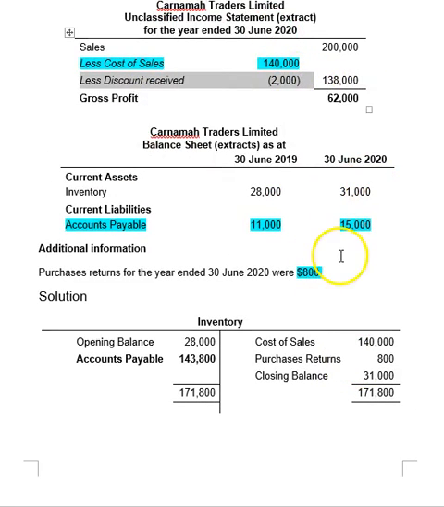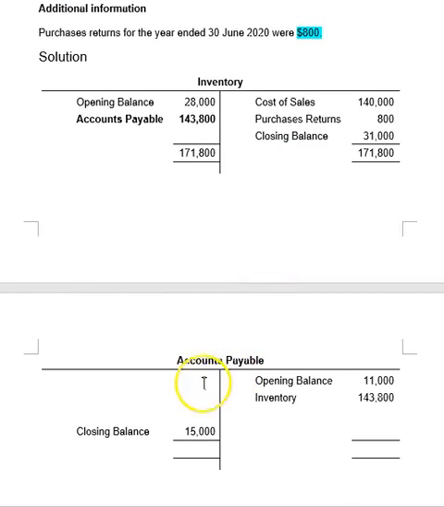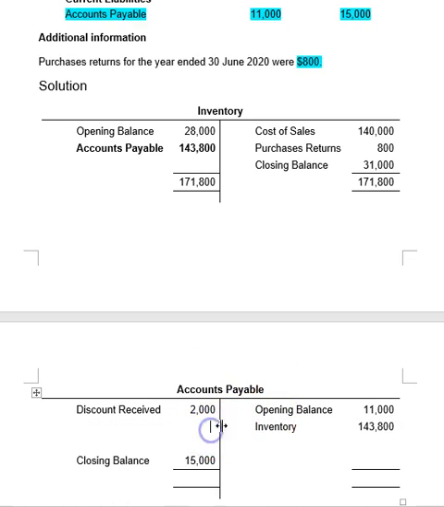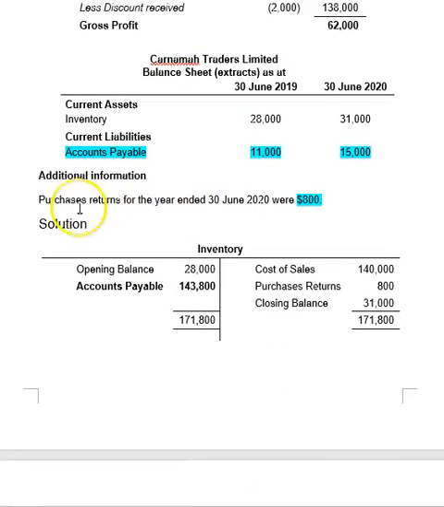As I mentioned just now, discount received is nothing to do with inventory, but it has something to do with accounts payable. Because when I receive discount, I owe people lesser. When I owe people lesser, I should debit accounts payable 2,000, and the credit side will be the discount received. Now we will look at our purchase return.